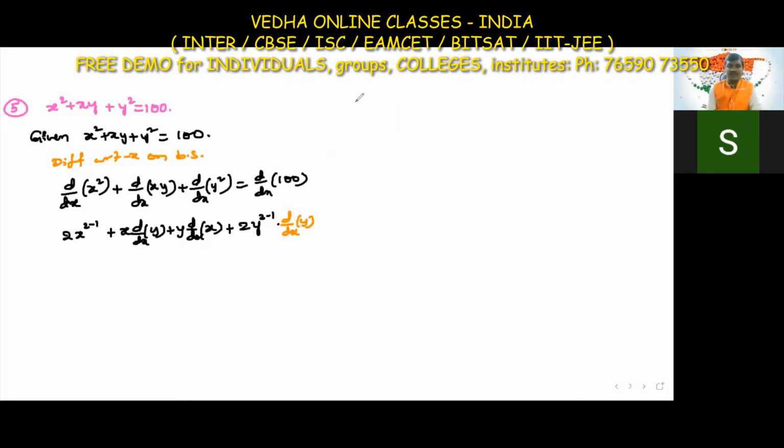This is equals to d by dx of 100, a constant, that is 0. So 2 into x to the power 2 minus 1 means 2x, plus x into dy by dx, plus y into d by dx of x, which is 1, plus 2y into dy by dx is equals to 0.